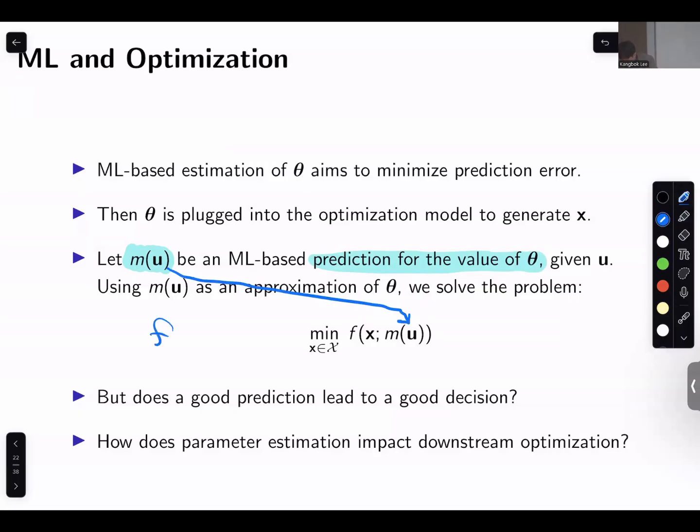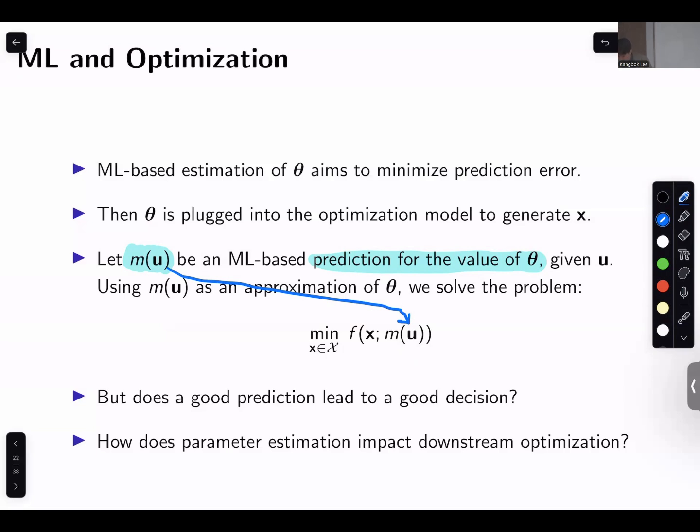Your optimization problem was to minimize f of x parameterized by theta, but in my ML-based modeling, theta is my M of U. Prediction first, then optimize. Does that make sense?